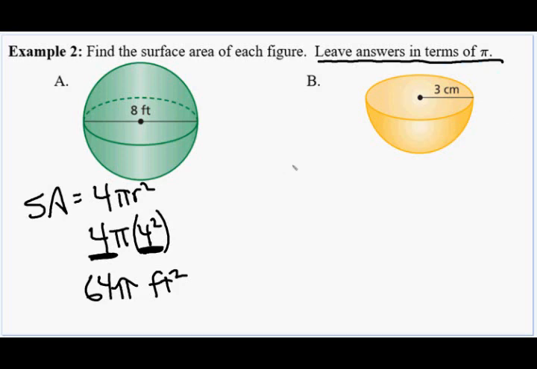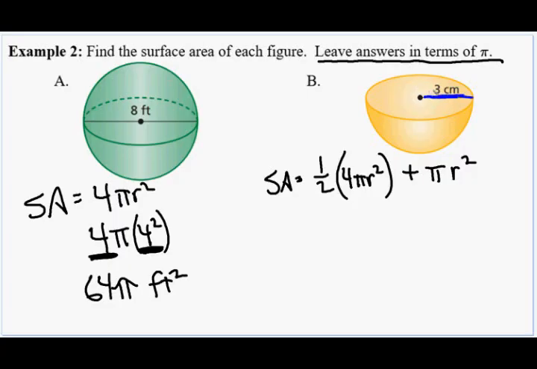All right, now the next one, our surface area is going to be 1/2 of a sphere, 4 pi r squared. And then we are going to add a lid to the bowl, a pi r squared. So here they give us the radius. They just hand it to us. It's 3. So this is going to be, well, let's even do this. Half of 4 is 2.